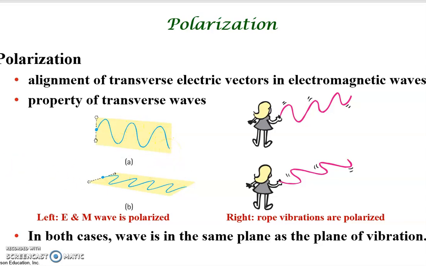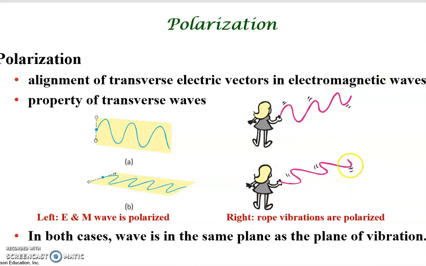And you will ask, how about the longitudinal wave? The answer is, there is no polarization for the longitudinal wave. It only happens for the transverse wave. The second example is a wave propagating along a string. Apparently, you can vibrate the string up and down or left and right. But the wave propagates in the same direction.